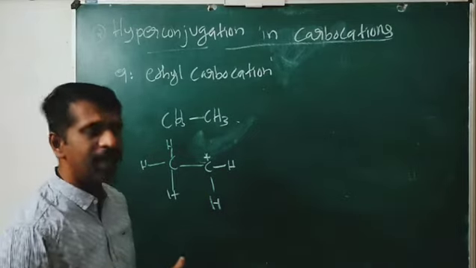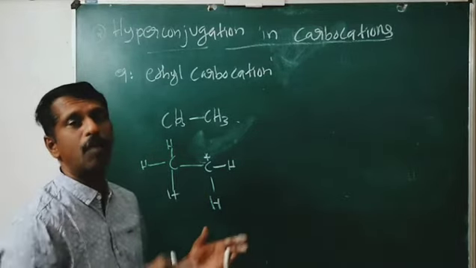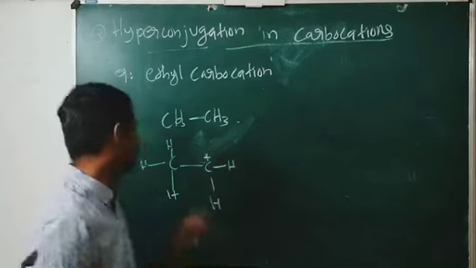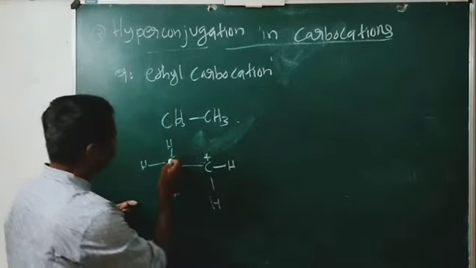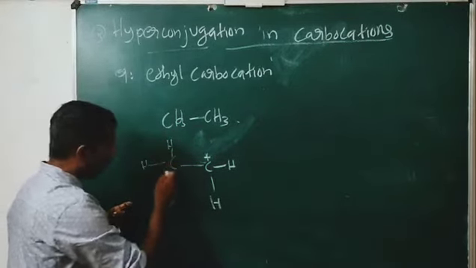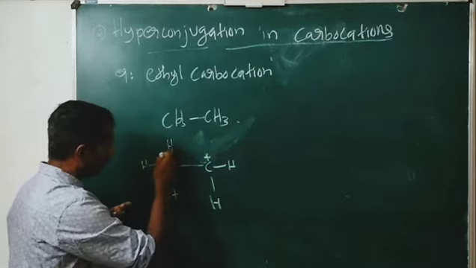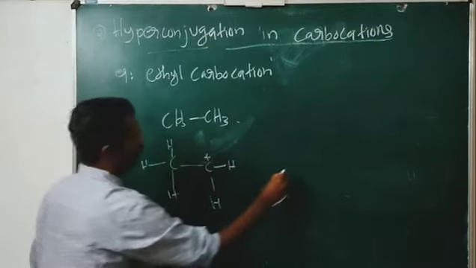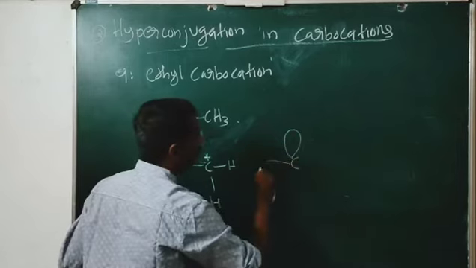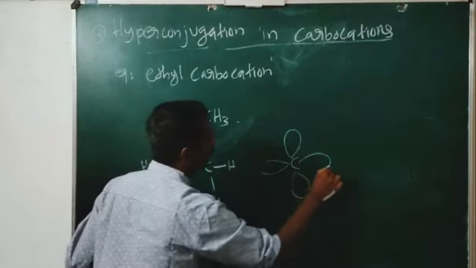Now look at here. In the ethyl carbocation, how does the hyperconjugation interaction occur? Again, I am drawing the same structure. This carbon is a single bonded carbon, and this is sp3 hybridized carbon, with 4 sp3 hybridized orbitals.